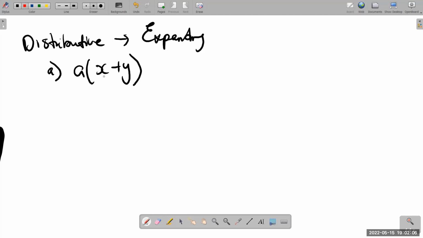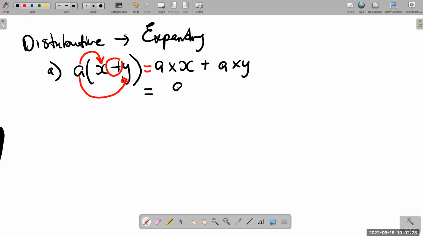We have 2 things in the bracket, so it should be a times x plus a times y. A times x is ax, plus a times y, ay.